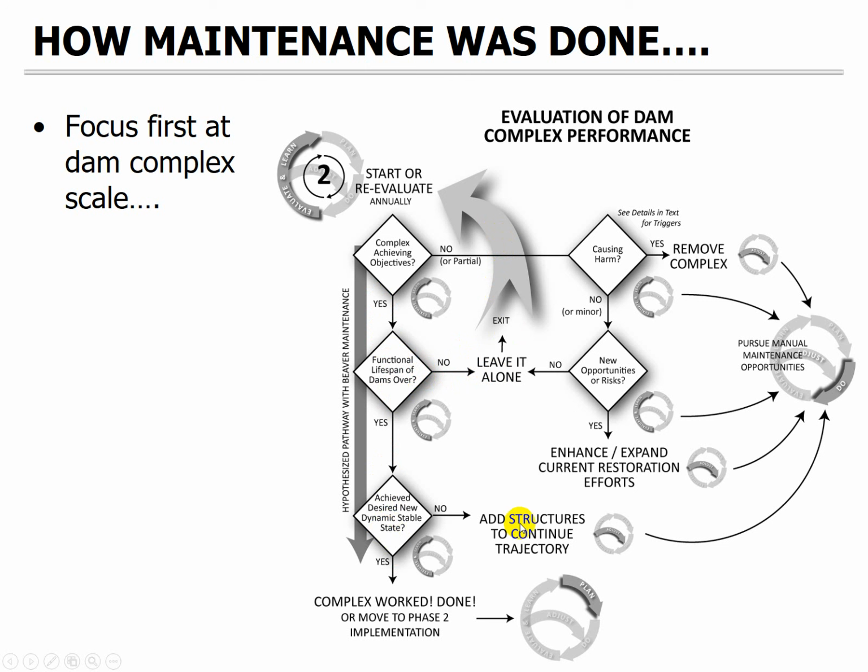If we haven't, we might need to add structures on top of this. So this would be an adjustment that reflects a maintenance action. Maybe what we're hoping in this example is one meal gets us all the way to that self-sustaining state, but this allows for the possibility that I might need multiple meals to get there. That would represent an adjustment.